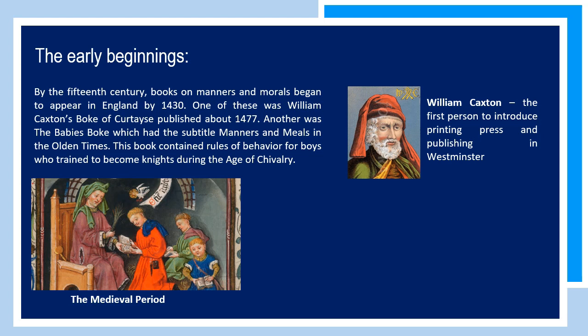During this medieval period, the main purpose of writing literary pieces or children's pieces is to provide information, to provide a guide to children, give them the rules and behavior, and train them to be good individuals, especially boys who fight for their places or for their environment as knights.